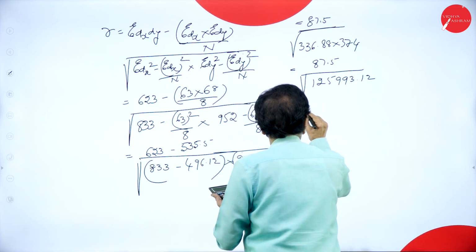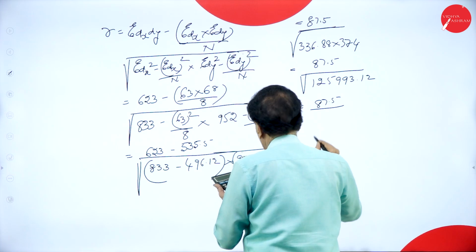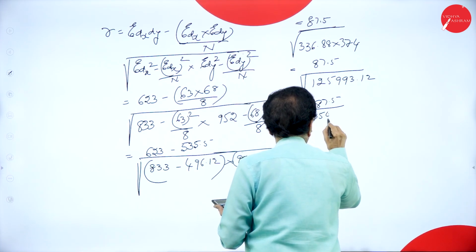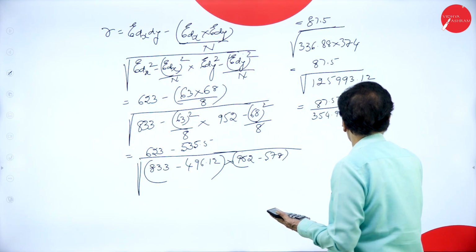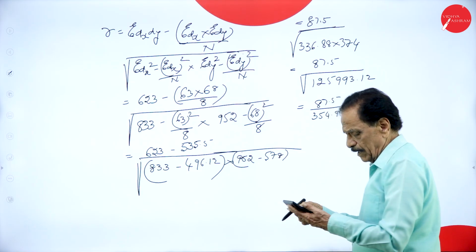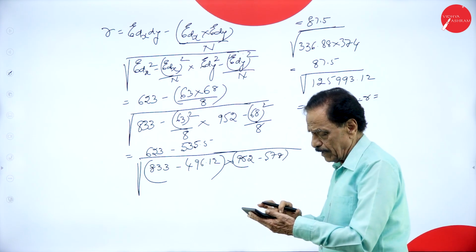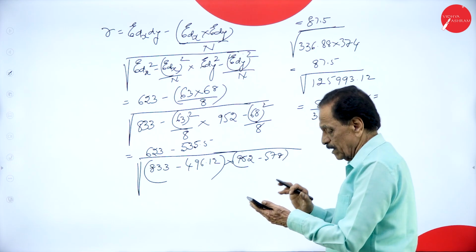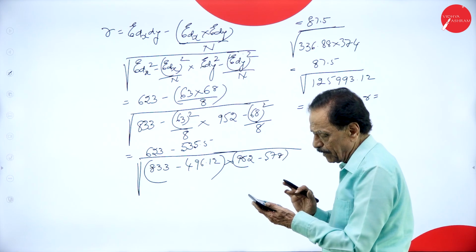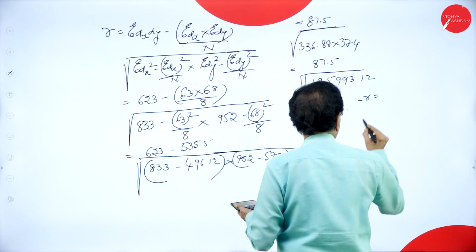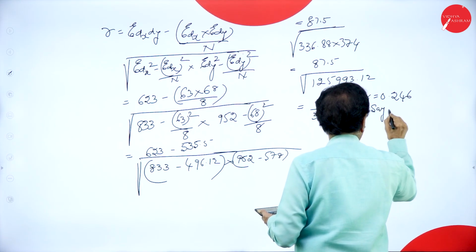Root of this is 354.95. So 87.5 divided by 354.95, r is equal to 0.246, say 0.25.